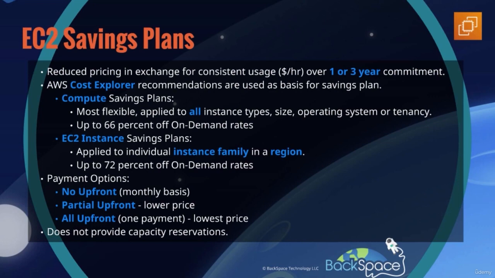Another thing to take into consideration is that a savings plan does not provide capacity reservations. But that said, there is nothing stopping you from including your capacity reserved instances into a savings plan. But the savings plan itself does not provide that capacity reservation.